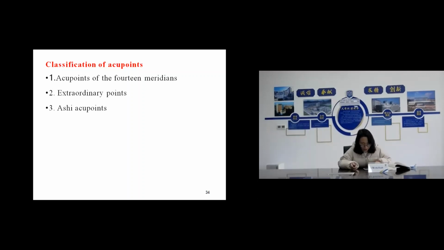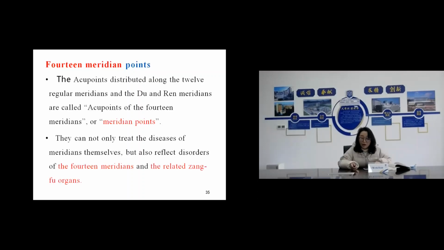And there are some extraordinary points and Ashi points. The 14 meridian points have their own names and locations.